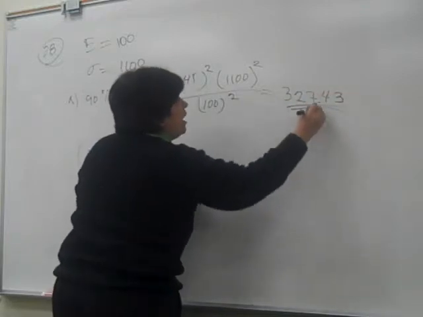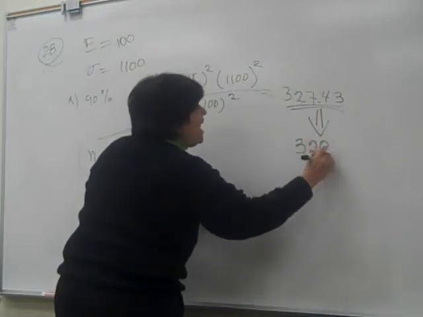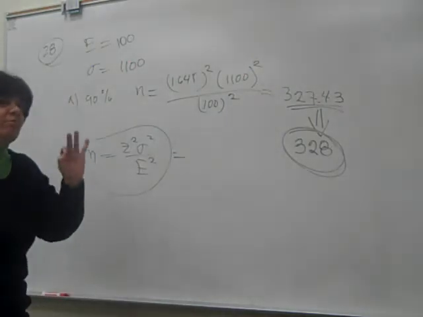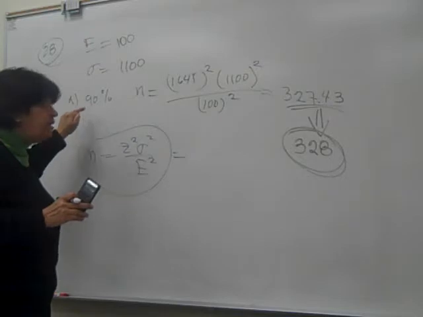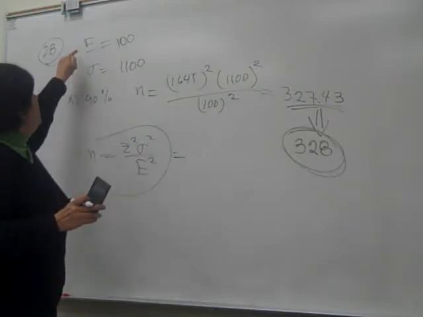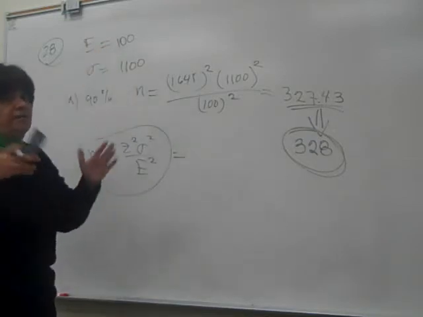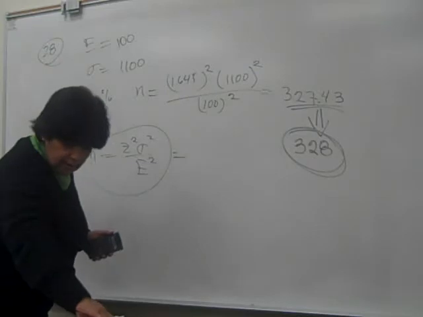Since this is a number, we have to round up, and it's going to be 328. This is the minimum sample size to achieve a 90% confidence level when the error that I want to get is plus or minus 100. Okay, that's it.